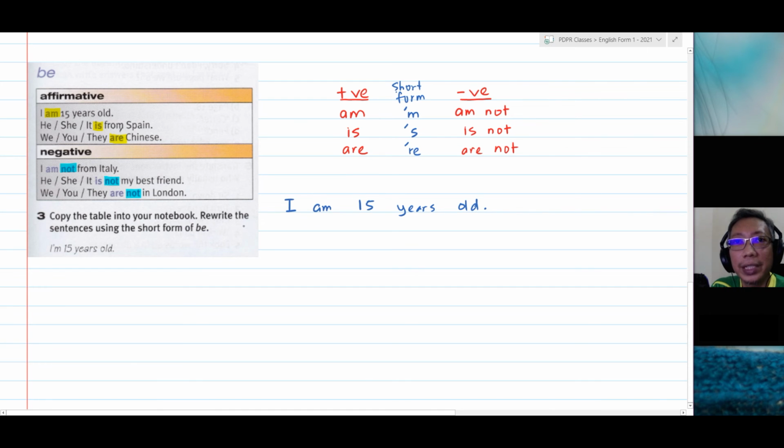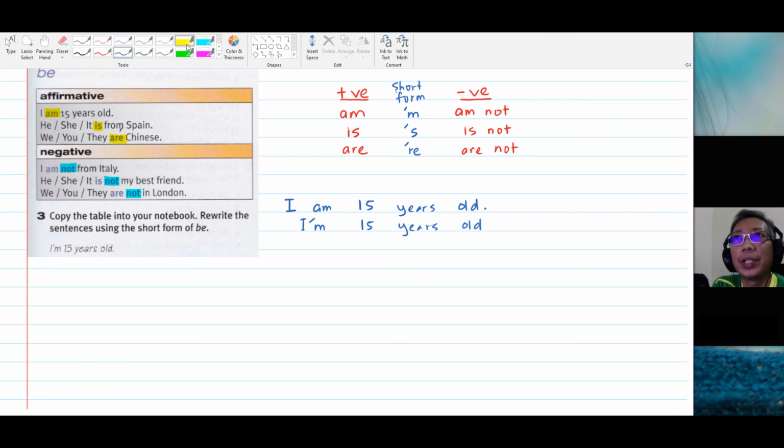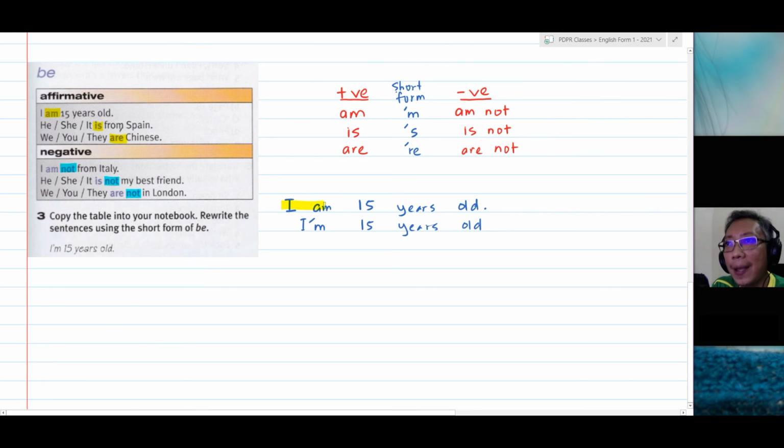Okay, if you shorten it, I am here becomes I'm. I'm 15 years old. Okay, if you look here, I am, shortened to be I'm. So this is your task.